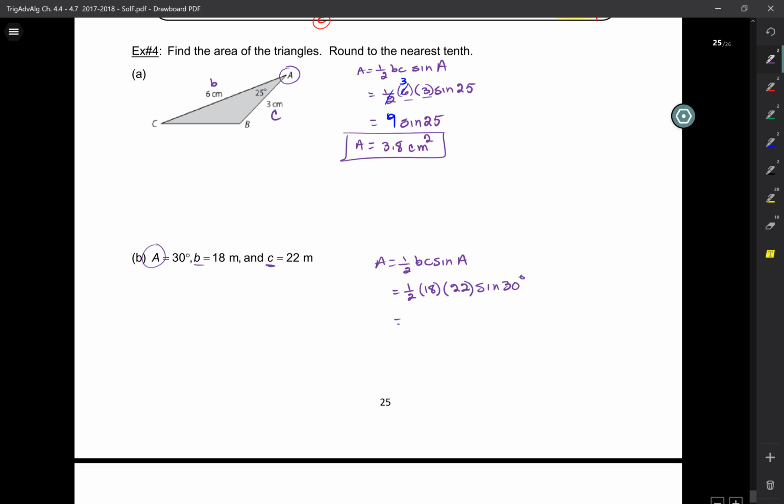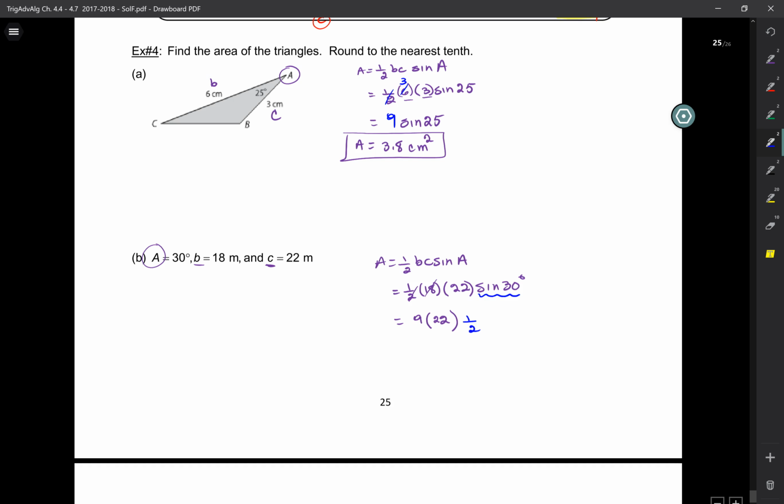Now, check this out. Half times 18 is 9 times 22, sorry. Okay, you can plug this in the calculator, but we know what sine of 30 is.